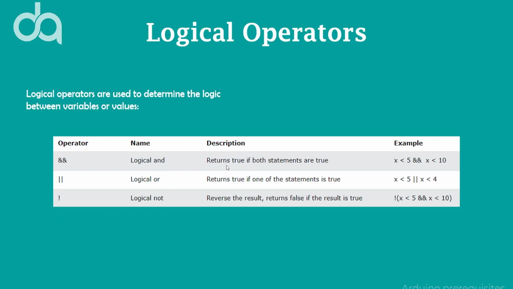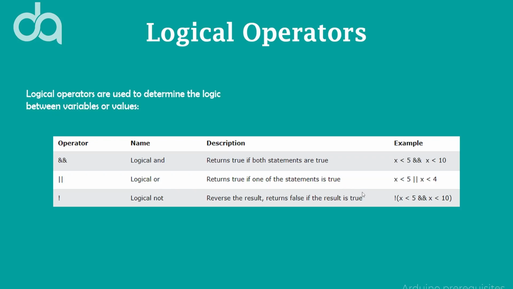Logical AND returns true if both statements are true. For example, if x here is 2, 5 is greater than 2, and 10 is greater than 2. So the result of this line is true, which means 1.